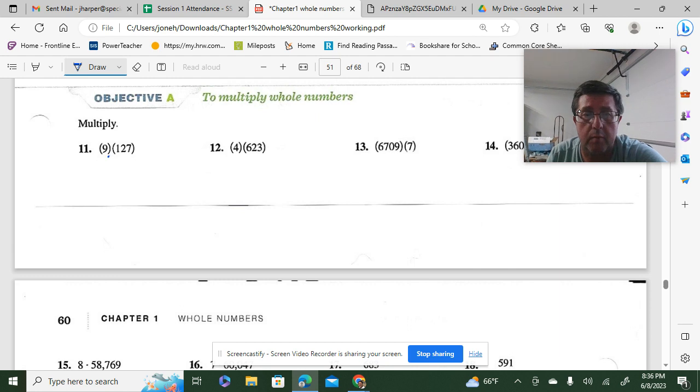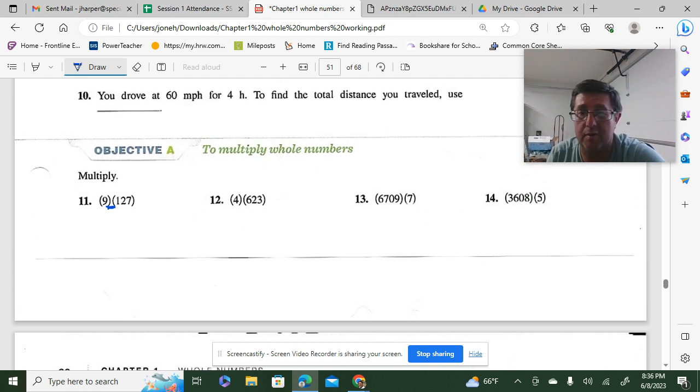Remember, when you have parentheses next to each other like this, that just means multiply. When you have the X in there, it means multiply, but don't use it when you're in algebra because algebra loves to use X as a variable.